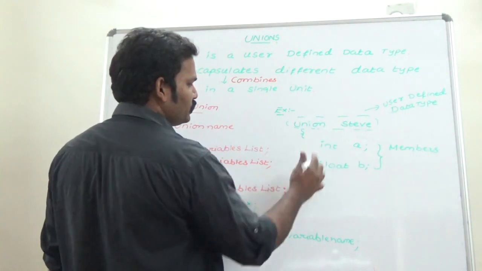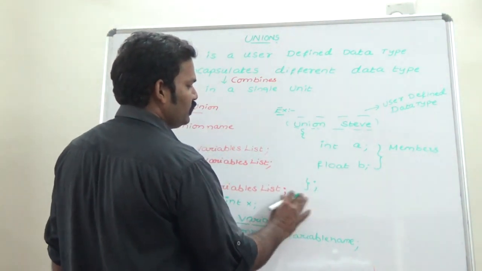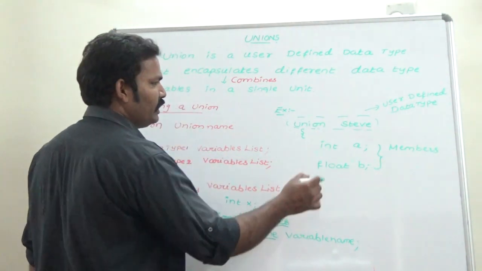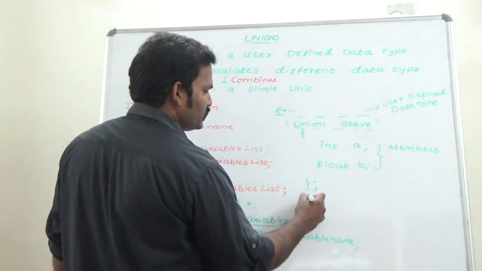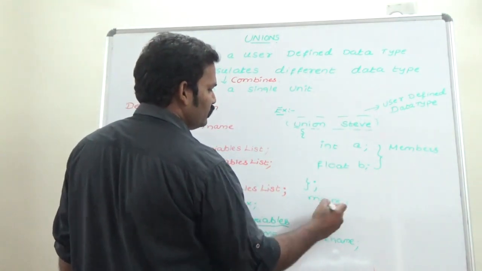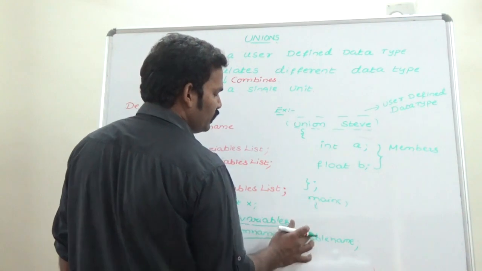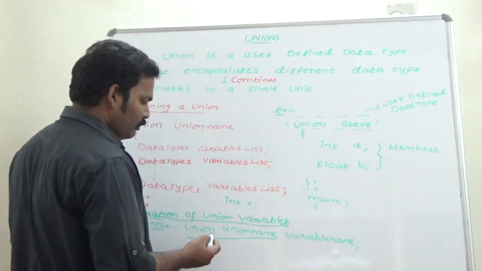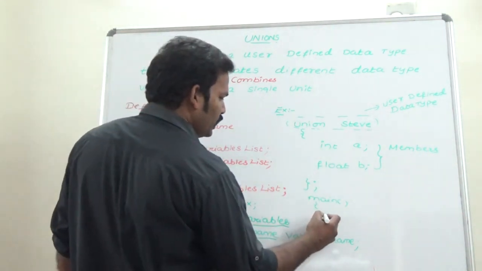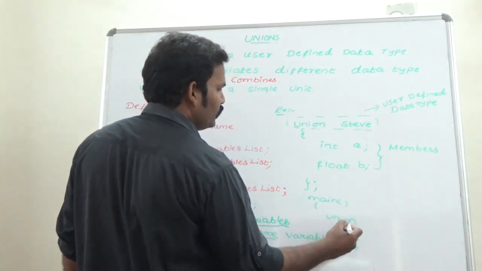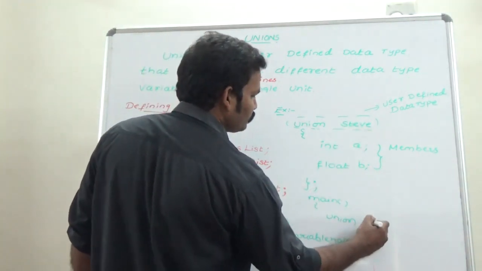Okay, suppose I want to declare a variable of union steel type. So inside the main function we have to create a variable. How to create a variable? Union name. Union name is what? Steel.